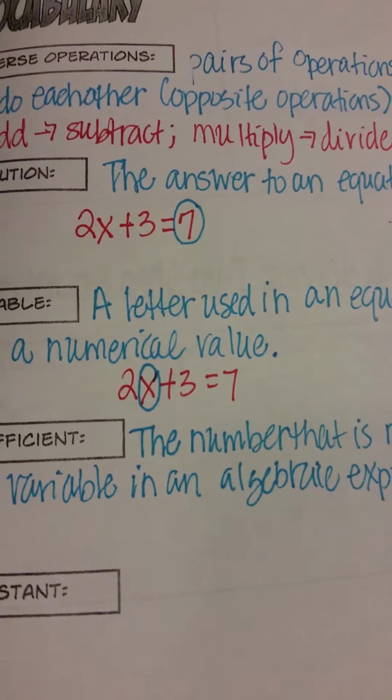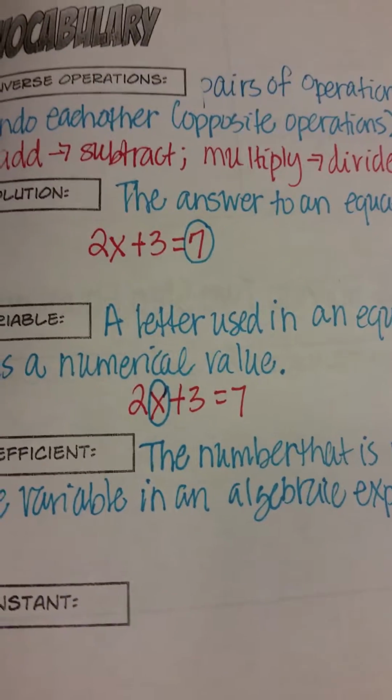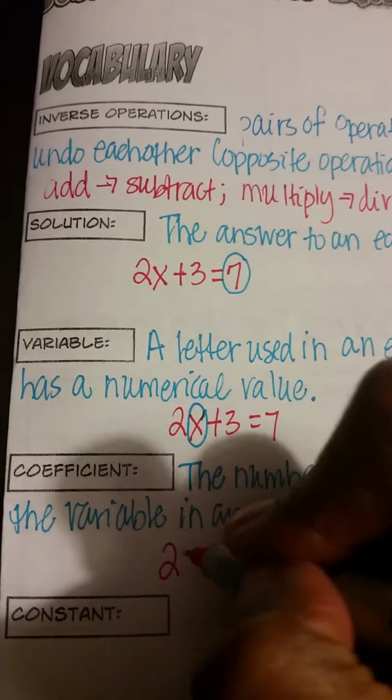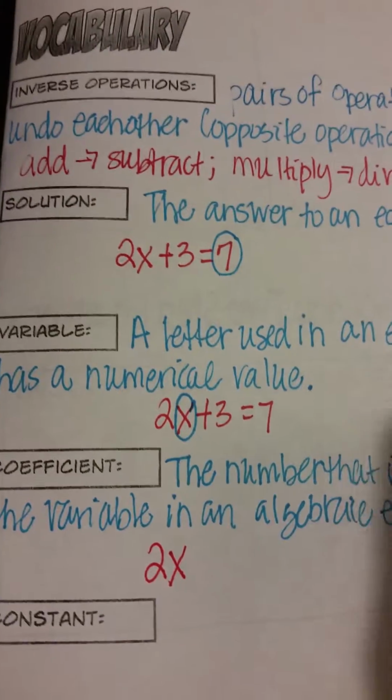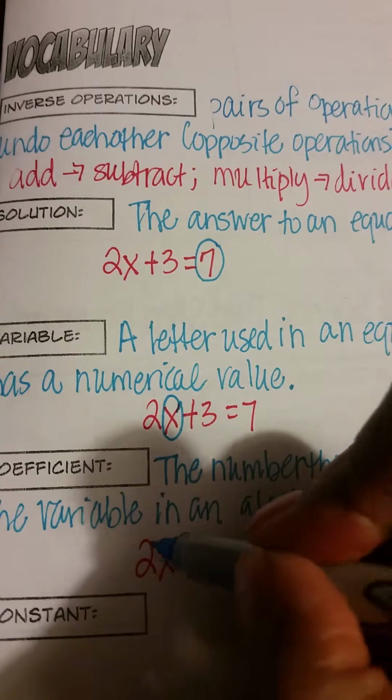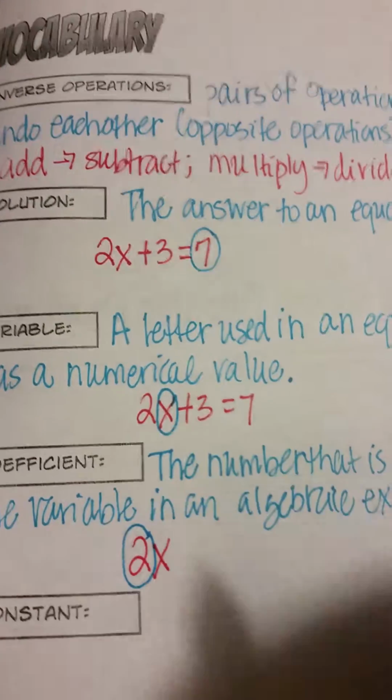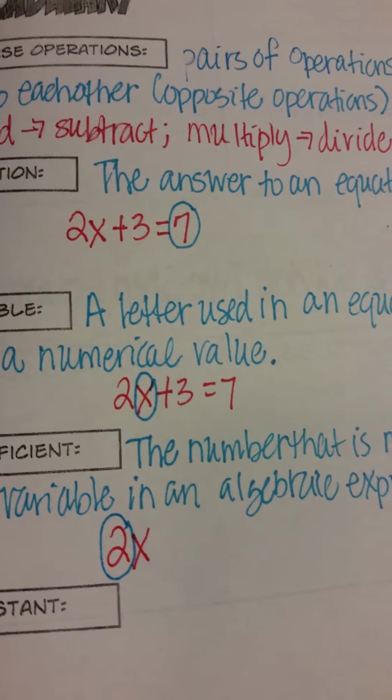Okay, so I'm going to write down 2x. My coefficient would be that number that is right in front of the variable, which here would be 2.